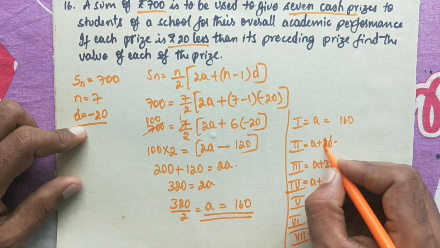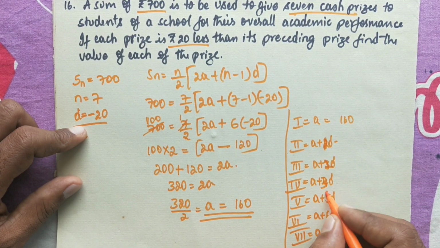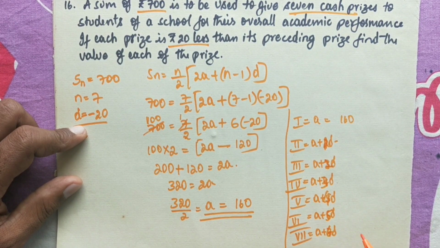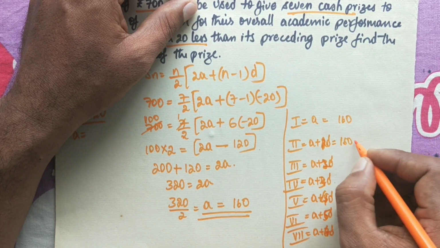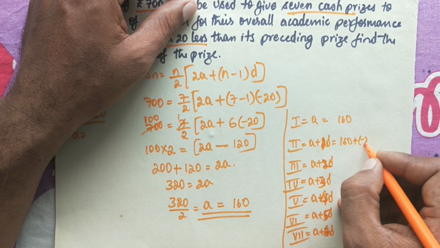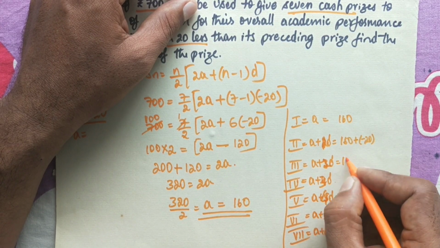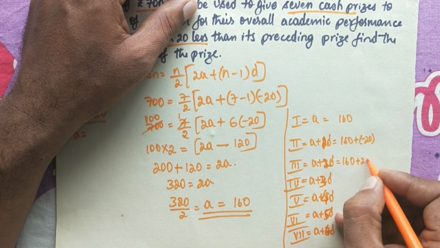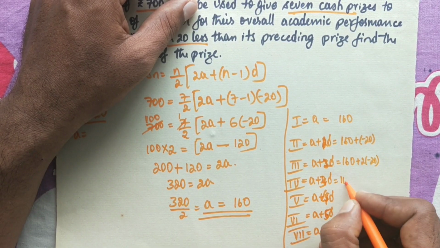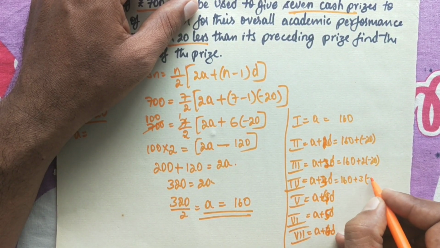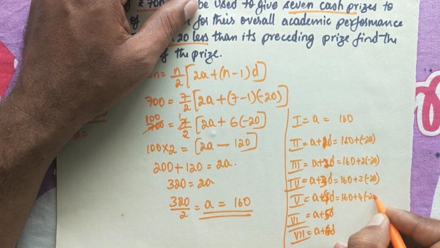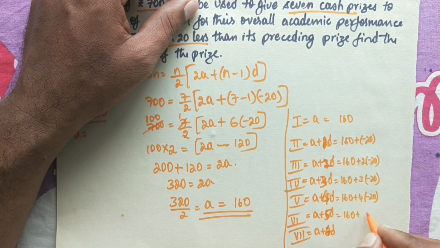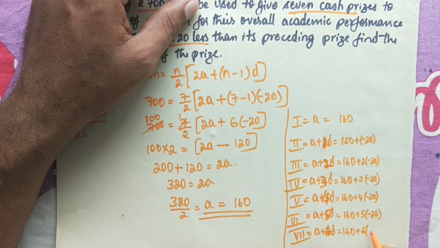So the first one is a is 160, then 160 plus 1 into minus 20, 160 plus 2 into minus 20, 160 plus 3 into minus 20, 160 plus 4 into minus 20, 160 plus 5 into minus 20, and 160 plus 6 into minus 20.